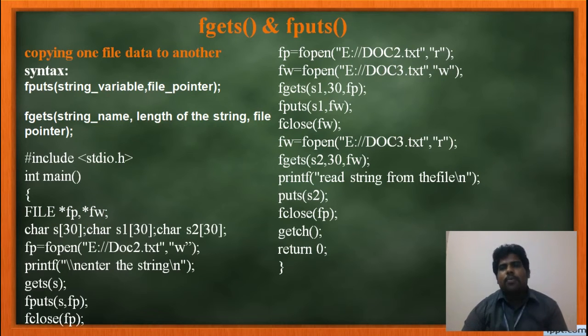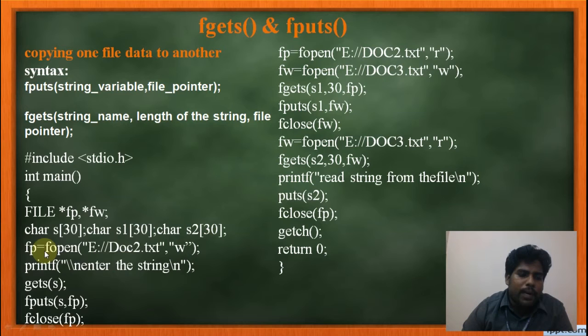The logic of the program is that inside one file I am going to write some content. The same content will be copied from that file and stored inside the other file. That's the logic of the program, so I need two file pointers. Then I am declaring three character arrays: one is s, another is s1, another is s2.